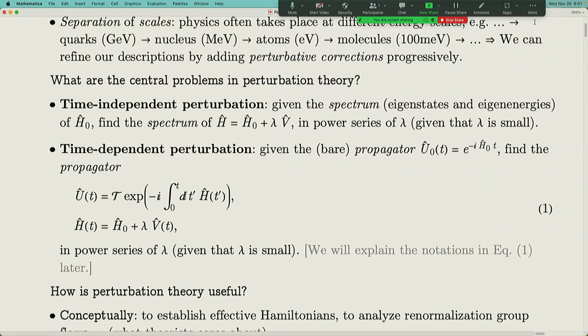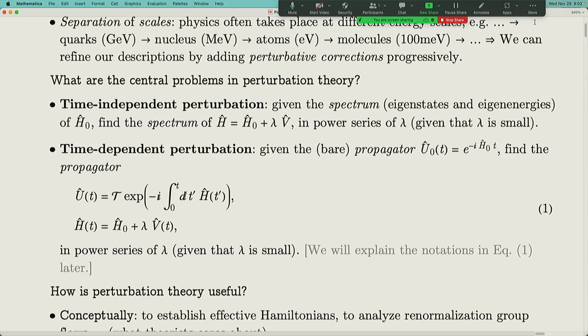Suppose you know the value and all higher-order derivatives of the function at a single point, you can basically predict the behavior of the function in the vicinity of that point in a power series of the distance of a point from the reference point. That deviation is basically this perturbation lambda. So that's essentially a very similar idea.